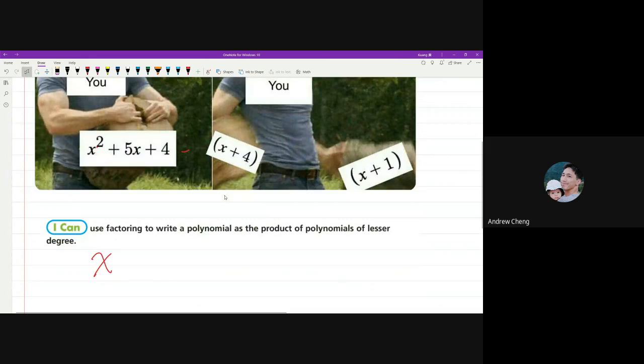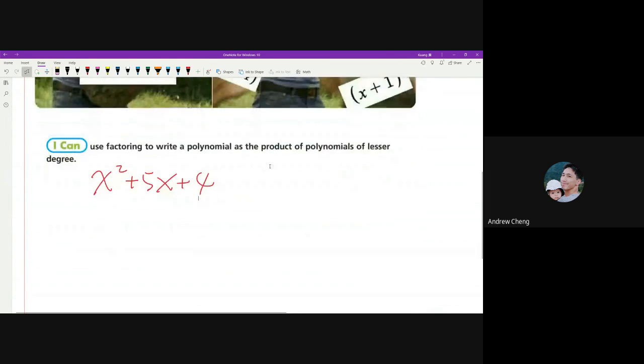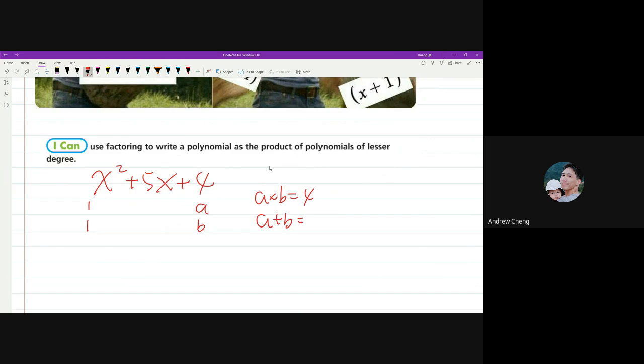x squared plus 5x plus 4. So for this one, you have to find two integers, a times b equals 4, the constant, and a plus b equals -5, right? So a times b is 4, so it should be 4 times 1, or -4 times -1.